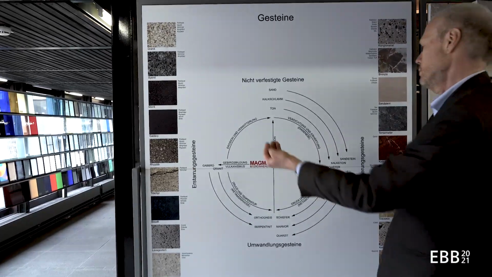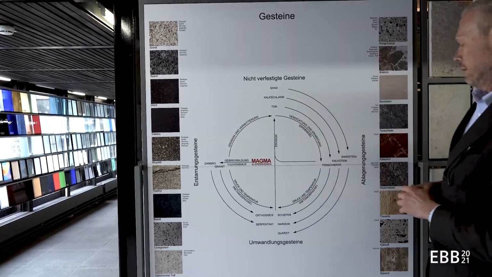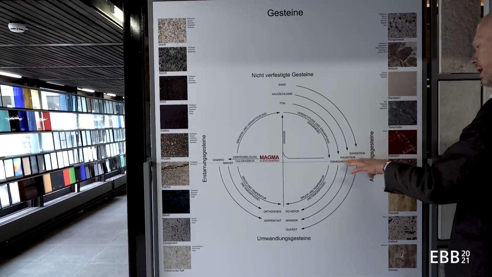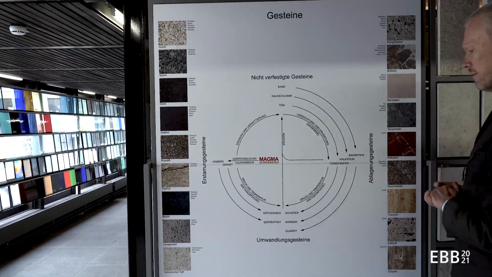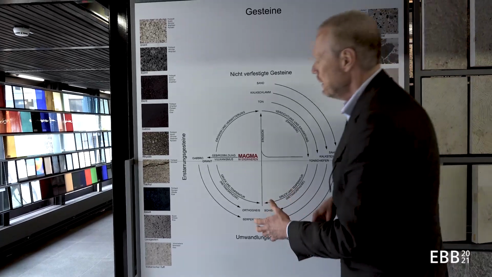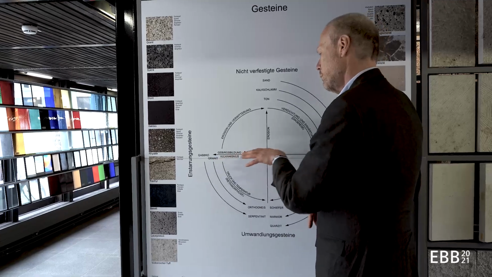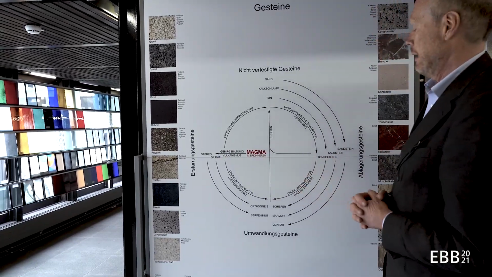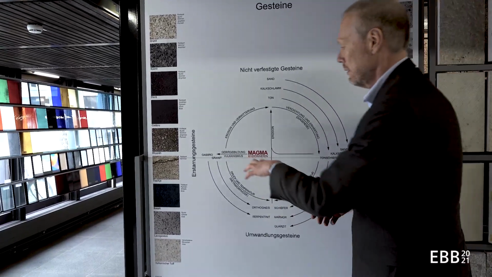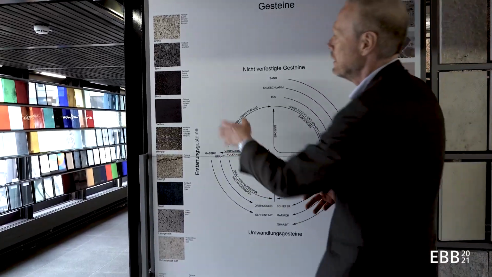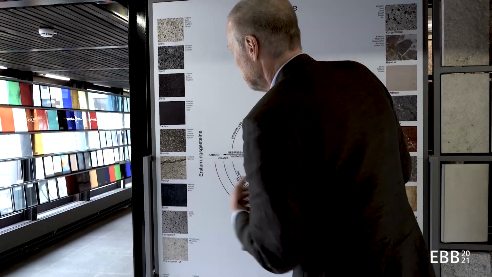And then you could over the time harden them to get sandstone, limestone or slate. So all these are derived in one way or the other from the eruption stones like granite or gabbro or others here. We have them over here, diorite.